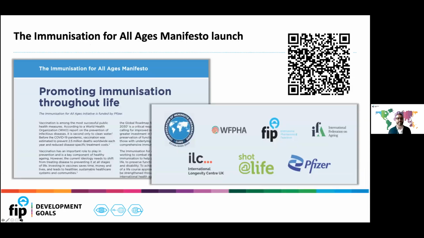Next slide, please. During this World Immunization Week, we are also launching and presenting, together with our partners in the Immunization for All Ages Coalition, an updated manifesto on promoting immunization throughout life.